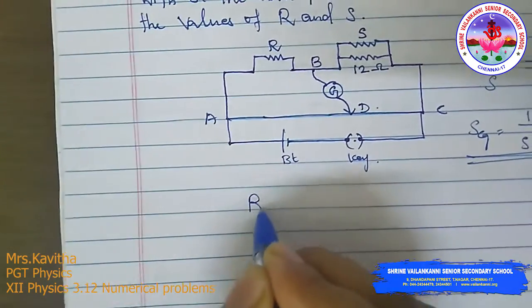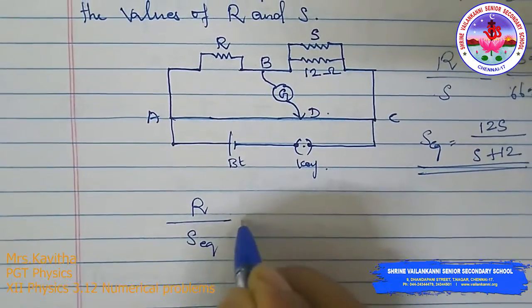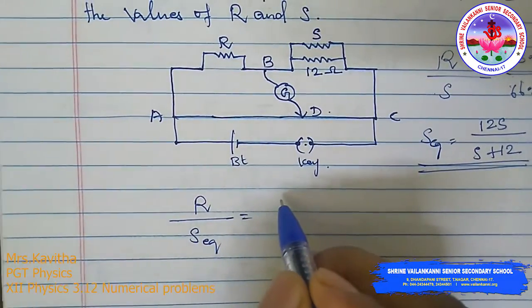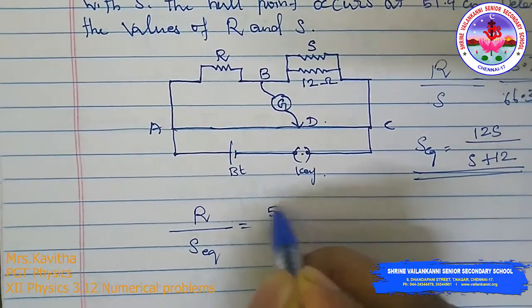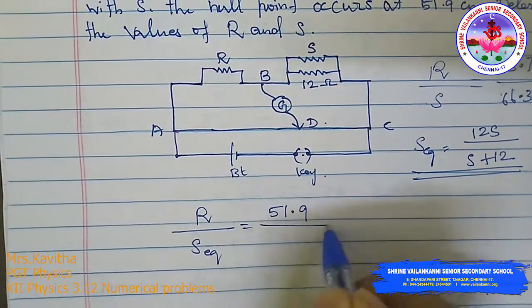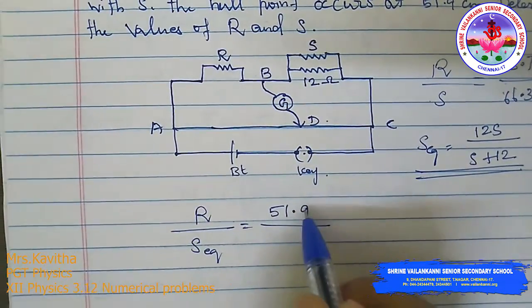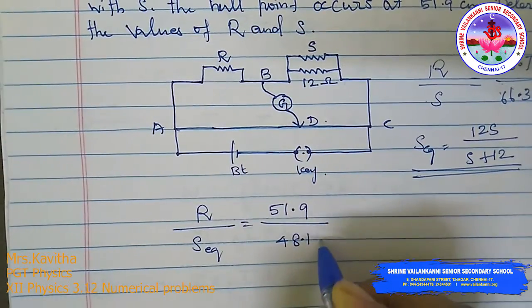So we are applying this instead of that S. Here R by S equivalent is equal to the new balance condition value they have given. When it is getting balanced, it will be 51.9 by, as usual, L by 100 minus L, which is nothing but 48.1, right?